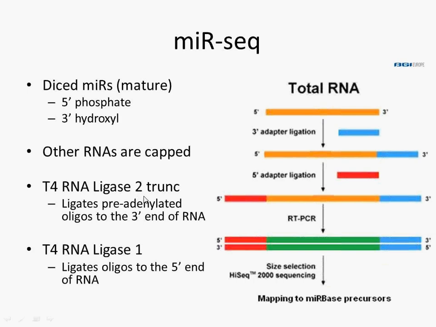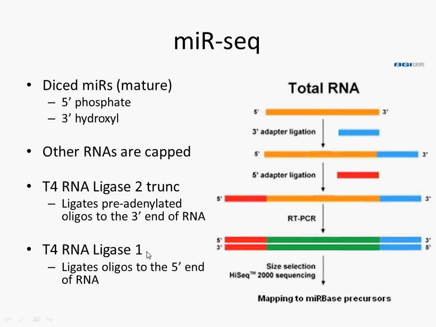We use a specific ligase, the T4 RNA ligase 2 truncated, which ligates only pre-adenylated oligos to the 3' end of RNA. This allows us, in the total RNA, to make mirs react with a 3' oligo that has been adenylated and ligate to the 3' end of the mirs.